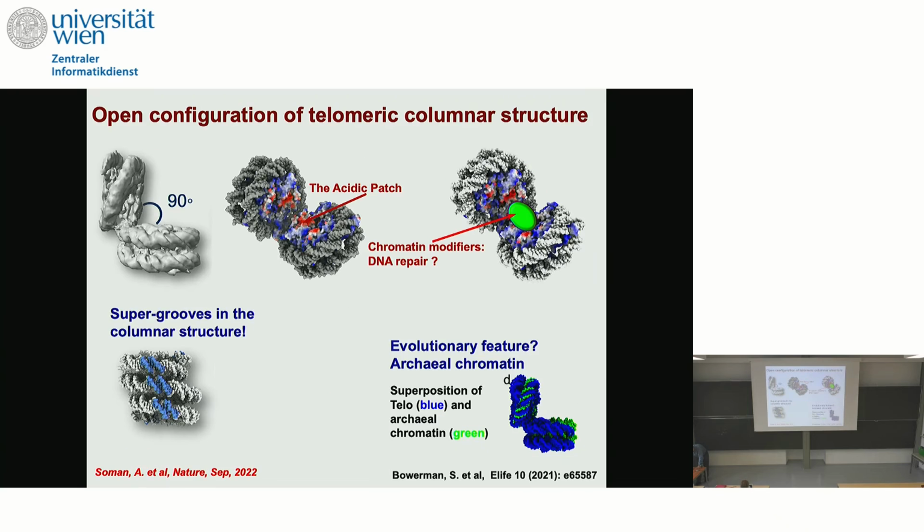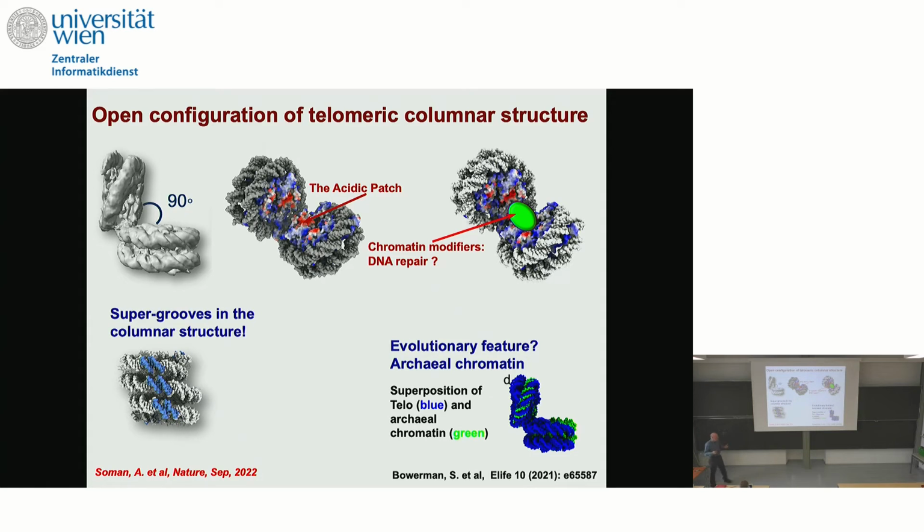Okay, and we also noticed some other interesting features. In the data set, we could identify a 3D class that gave rise to this open state structure. And this is very interesting because it exposes the acidic patch, and this opens up the opportunity and possibility for various chromatin factors.